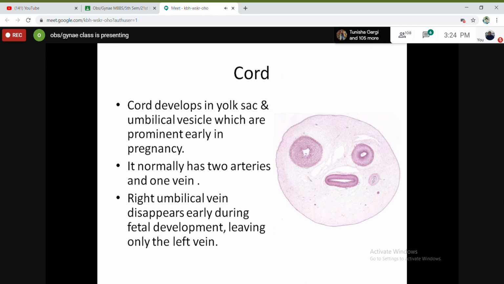So next one is the cord. It develops from the yolk sac and the umbilical vesicle, which are prominent in early pregnancy.